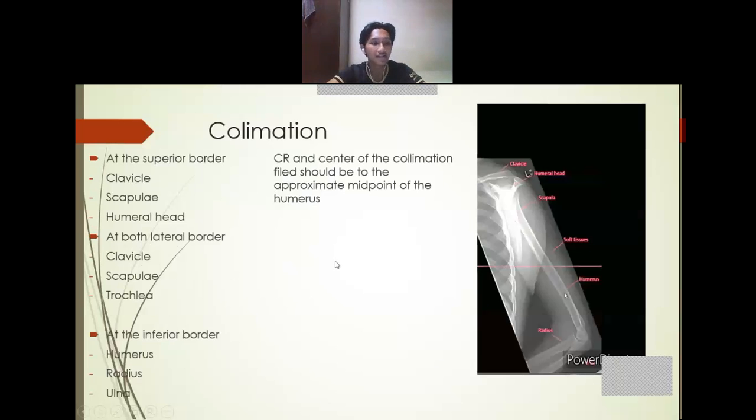The next slide is about the collimation. The center of the collimation field should be at the approximate midpoint of the humerus, right here.